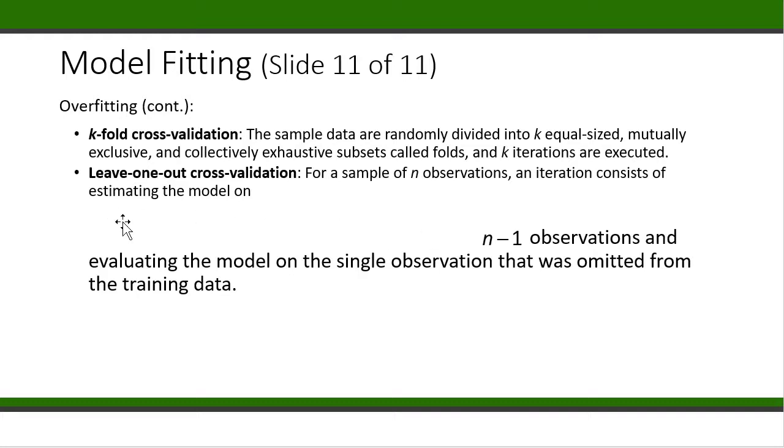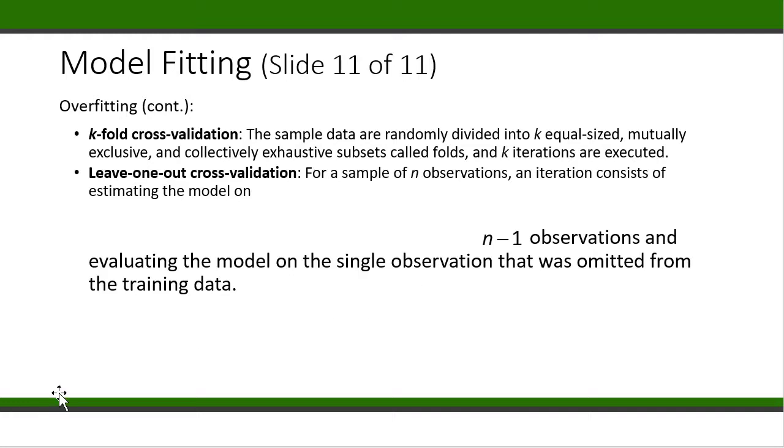With leave-one-out cross-validation, you might have a sample of, say, 100 observations, and then use n-1 observations and evaluate the model on the single observation that was omitted. So if you had, say, 1,000 and you're doing every 30, then you take one out of that 30, see how well you did, take the next set, and so on.